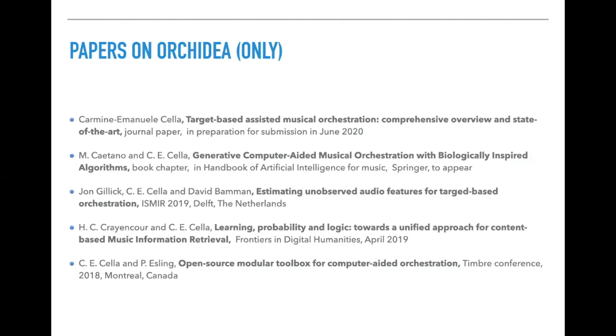And then there are other papers, one with John Gillick from Berkeley and David Bamman, that is the model that we implement for forecasting the features, so implementing this idea of prediction of features. And then there are other papers in which I talk about Orchidea to some extent. So I will leave these PDFs somewhere so you can download and eventually check the papers.